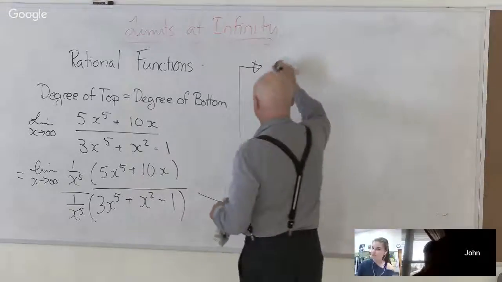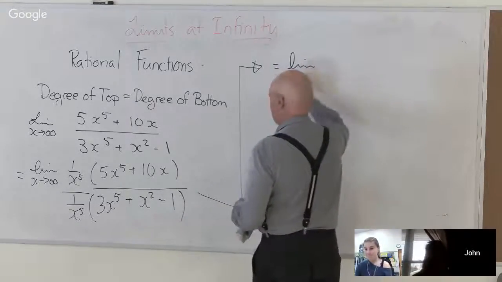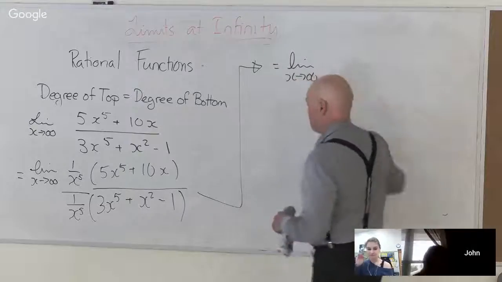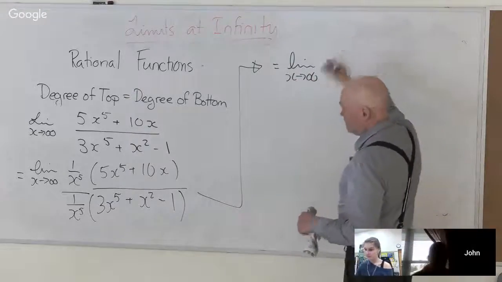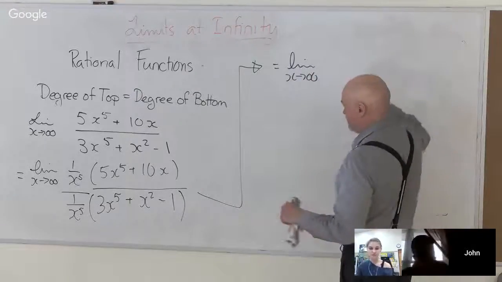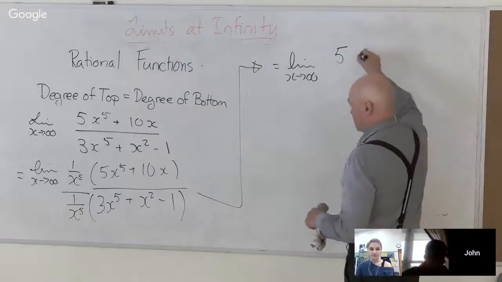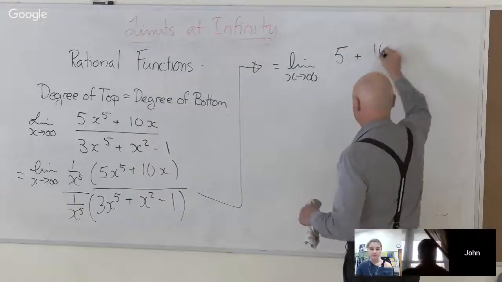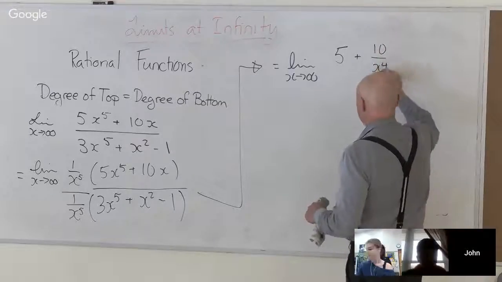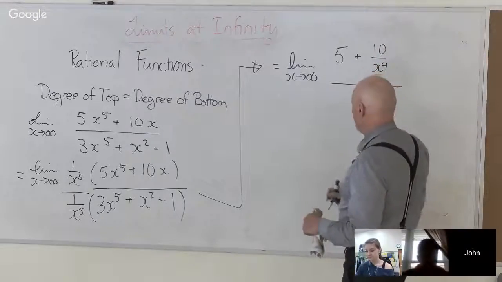There we go. Okay. 5x to the 5th divided by x to the 5th is just 5. 10x divided by x to the 5th is 10 over x to the 4th. Okay.